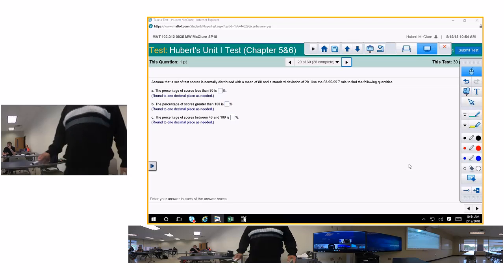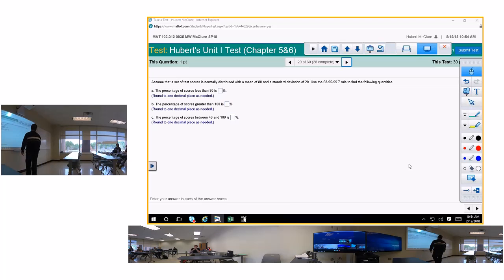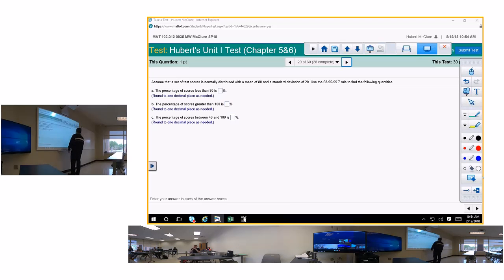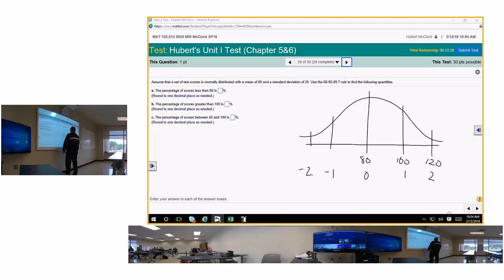The empirical rule says 34, 34, 13.5, 13.5, 2.5, and 2.5. Zero, 1, 2, -1, -2. And we got a mean of 80. So that'd be 100 and 120, 60, and 40.